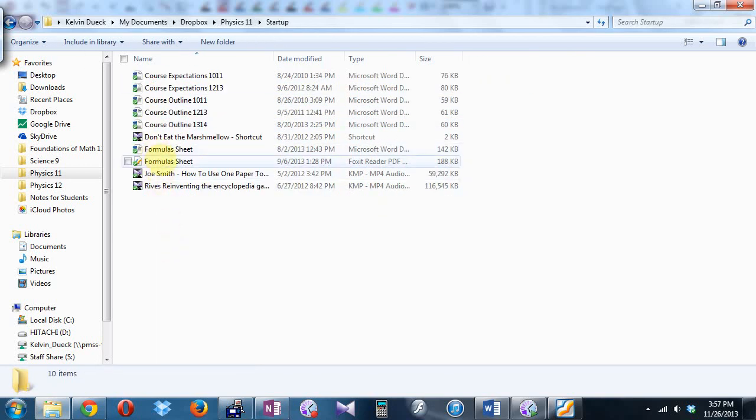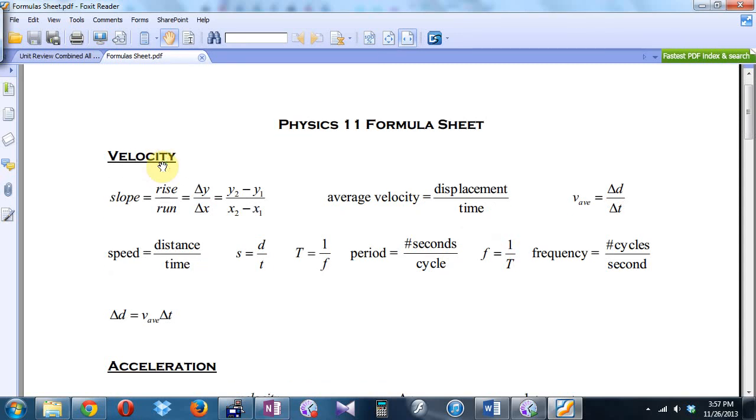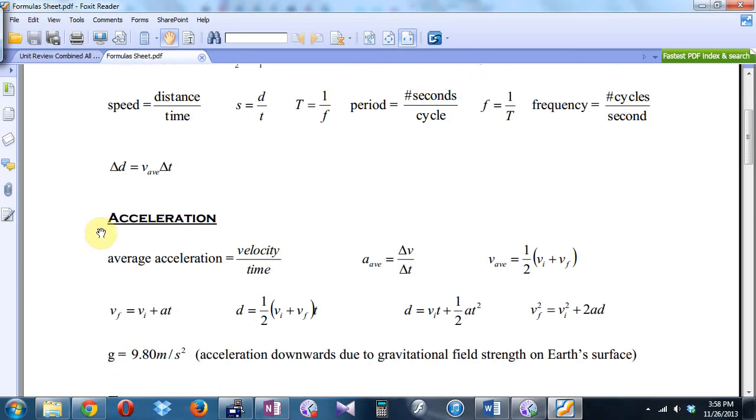Formula sheet. Average velocity is displacement. Okay, I got that there. See what I can do with that. Or, well, I got this here. Or, it's asking me for acceleration.